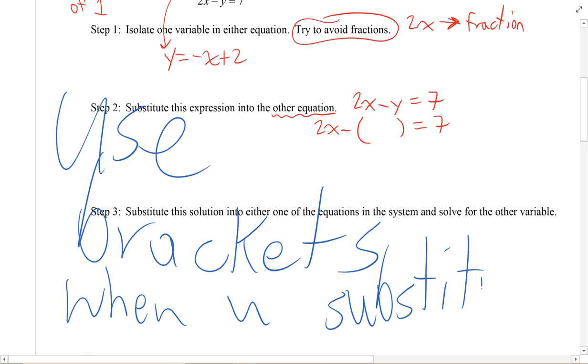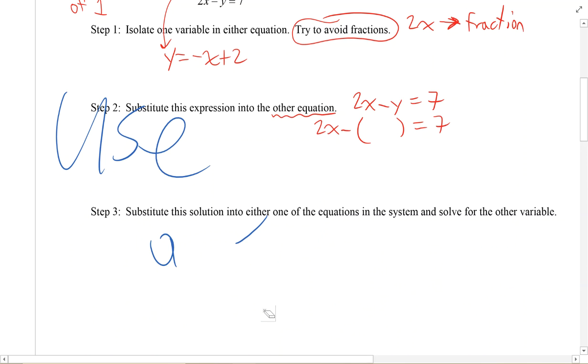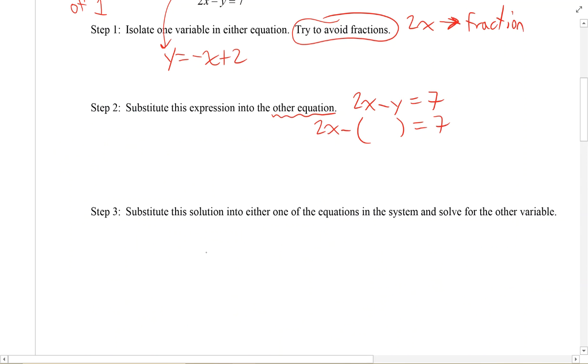If you're going to make a mistake, this is why: you don't use brackets or you don't know how to work with them properly. I wrote it big, but what I want you to do is write it small, because it is that important. Right here: use brackets when you substitute.